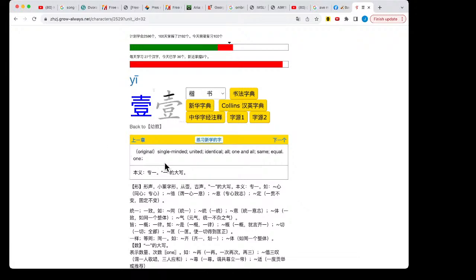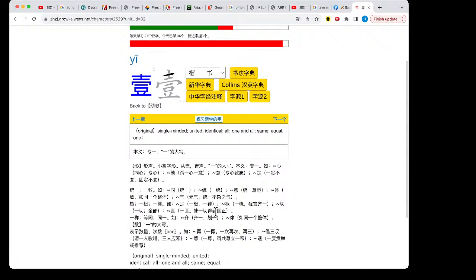So it means single-minded, just straight and single-minded, and also means united, identical, all one, the same, equal one. Basically it means united, one, only one. That's the original meaning.